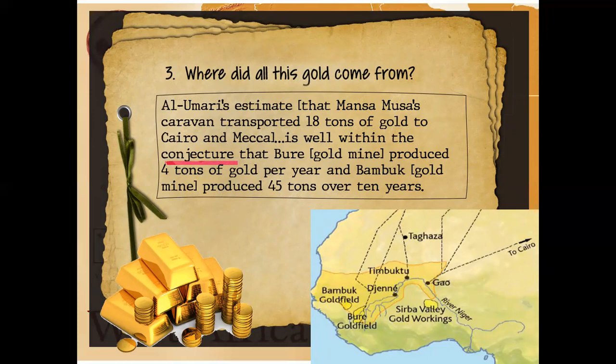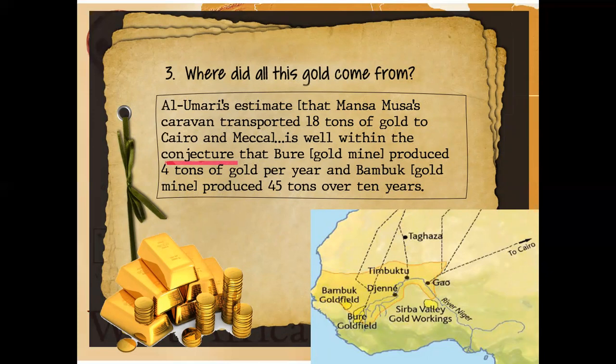In this case, if we were to put Al-Umari's statement into our own words, we might say that it is believed that the Bure gold mine produced 4 tons of gold per year, and the Bambouk gold mine produced 45 tons over 10 years.